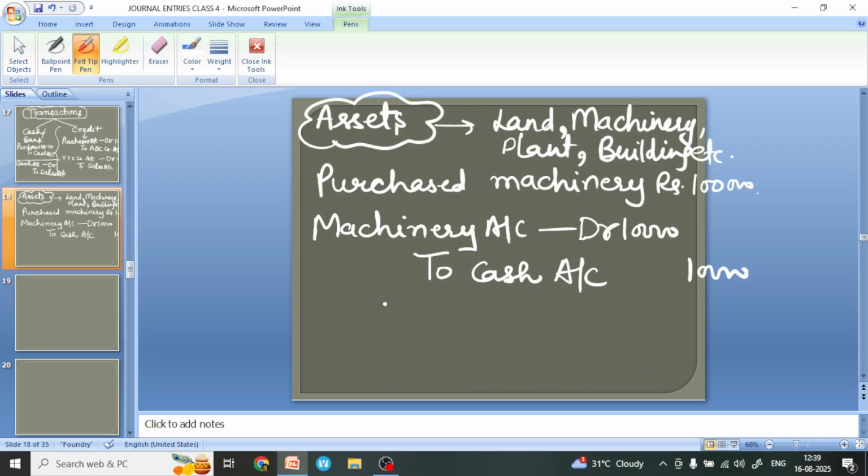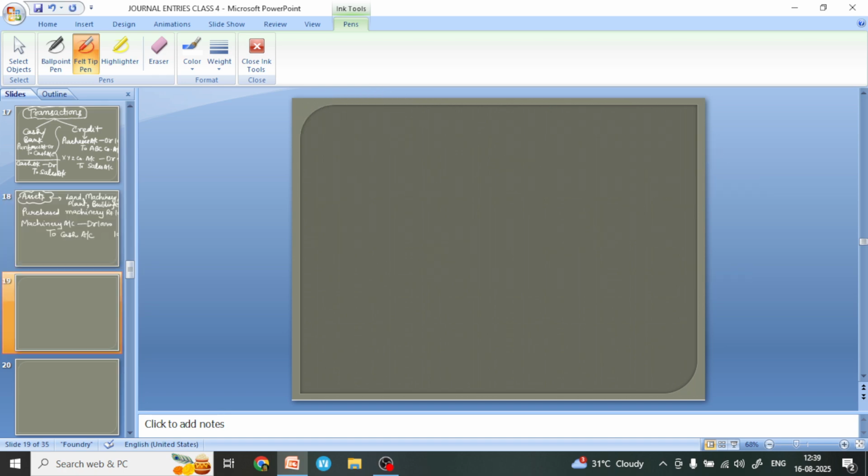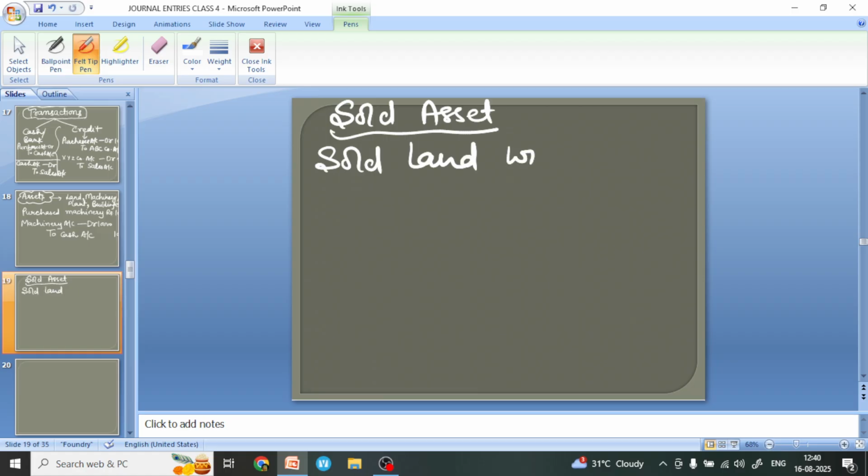And when we sell assets, for example, we sold land with rupees 10 lakh.